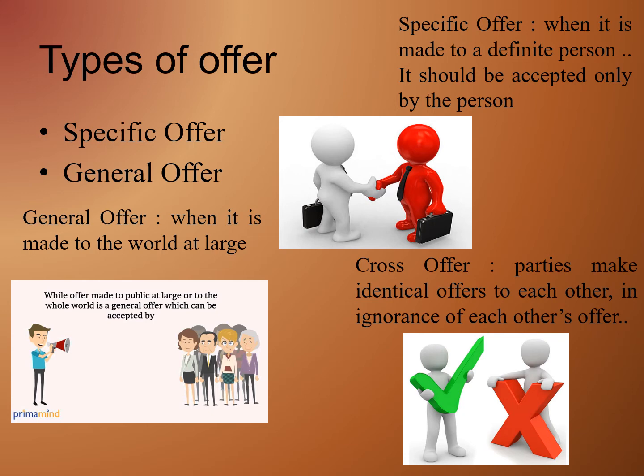If B is not going to accept that offer, there will not be any kind of contract between A and B. If, instead of B, C is willing to accept that offer, then we can say it will be considered as a specific offer, and A is going to enter into a contract with C. Then there is no significant role played by B to perform according to the contract which has been made between A and C.